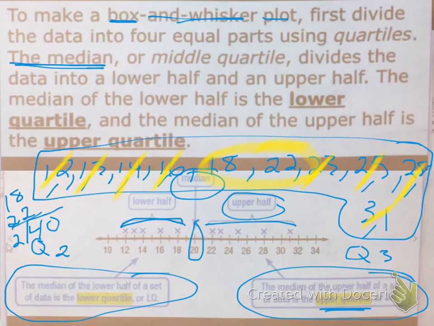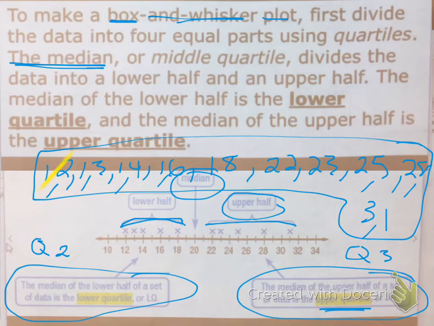Now, I'm going to erase all my tick marks. So you can see how they got the median of 20. After they found the median, they said, well, here's my lower stuff. As you can see, I included the numbers that I used to make my median.